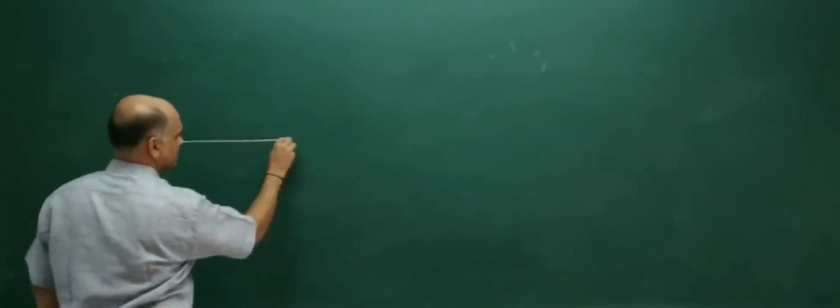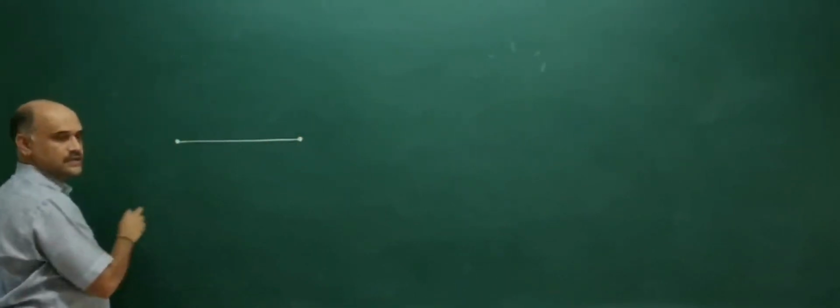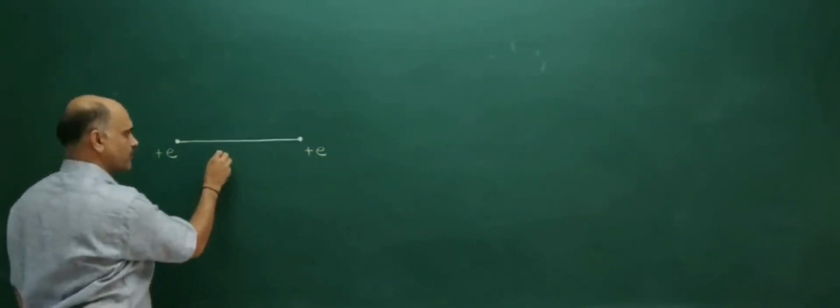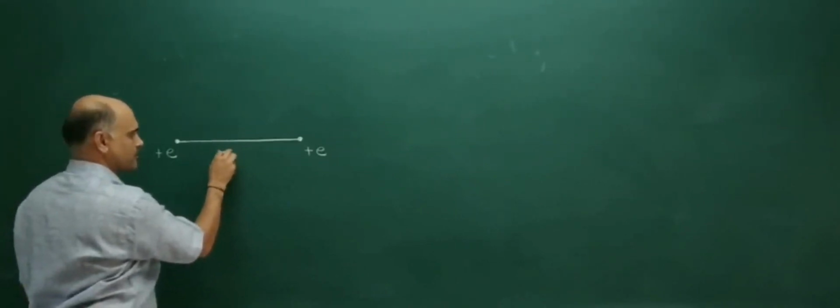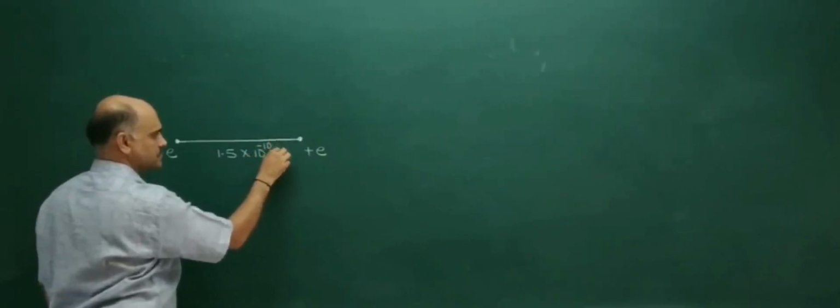Right, students. So second, if you go through the problem, there are two protons separated by a distance of 1.5 angstrom units. So two protons are there, plus E, that is the charge of a proton, separated by a distance of 1.5 angstrom units, or 10 raised to minus 10 meters.